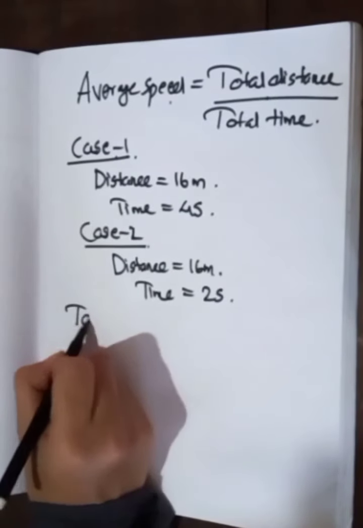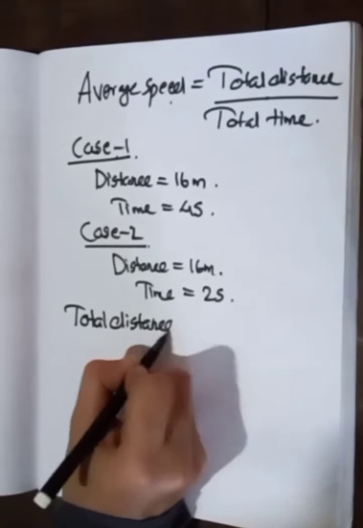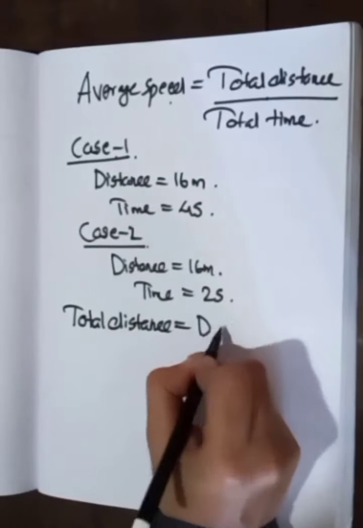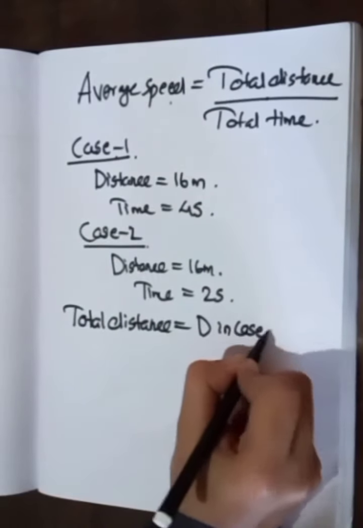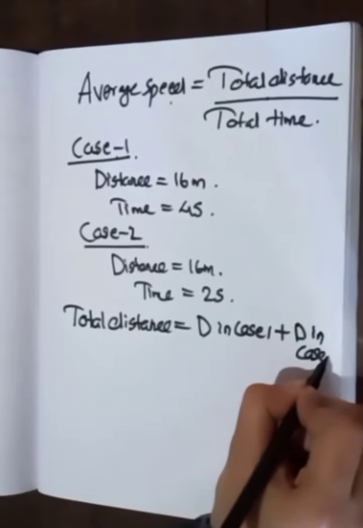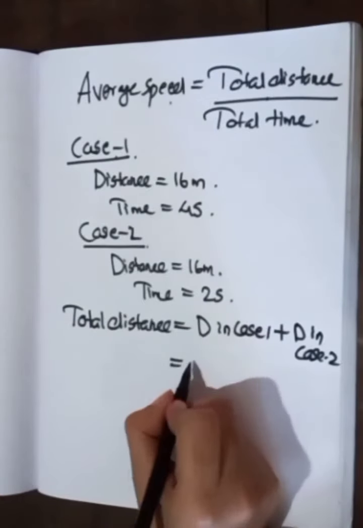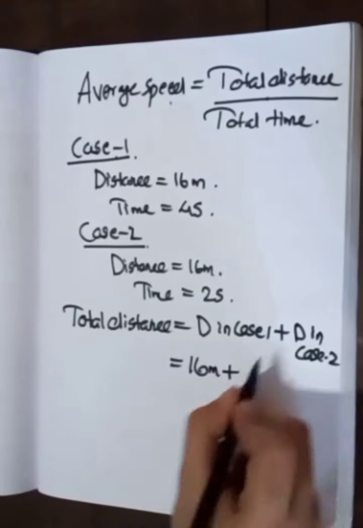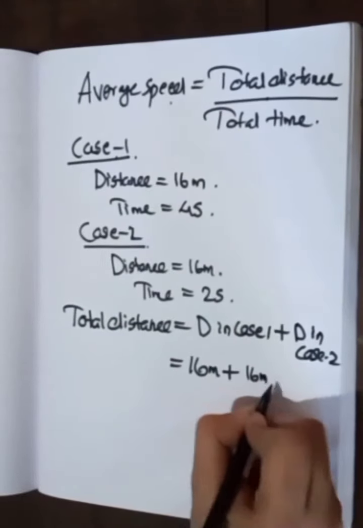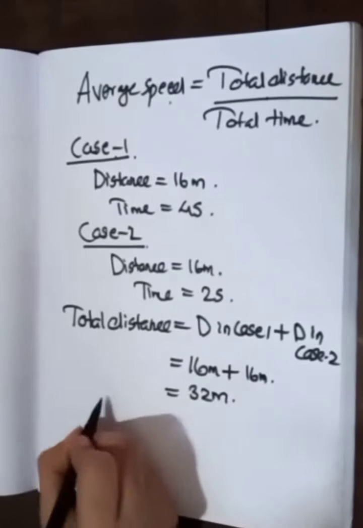That is, distance in case 1, that is 16 meters, plus distance in case 2, that is 16 meters. 16 plus 16, 32 meters. This is the total distance.